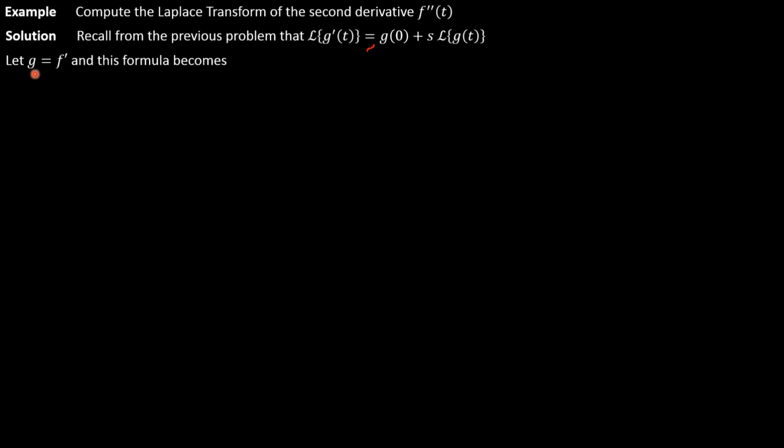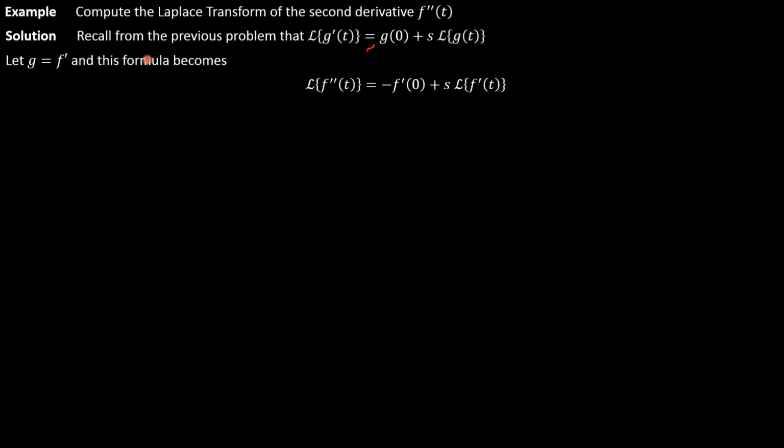So let g be the derivative of f, and then we can rewrite this formula as the Laplace transform of g prime. This is a subtle point, so make sure you understand what I did here. We had this formula from the previous slide.